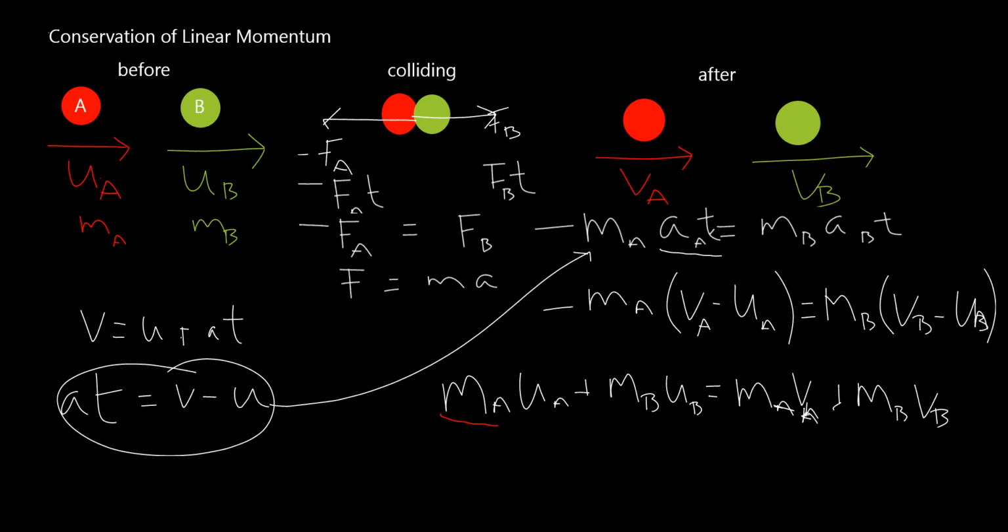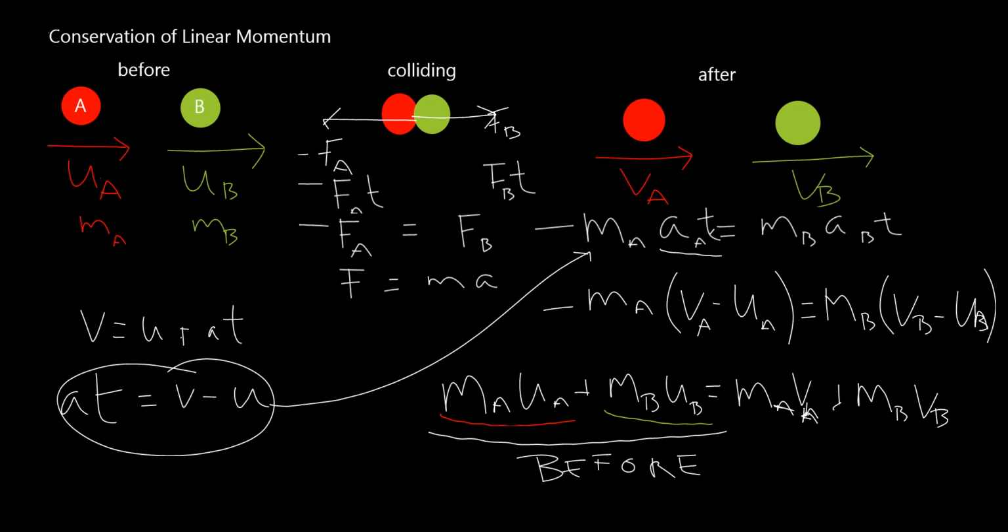This term here is simply the momentum of A before the collision. And this term here is simply the momentum of B before the collision. So this left hand side is the momentum of the whole system before the collision takes place.